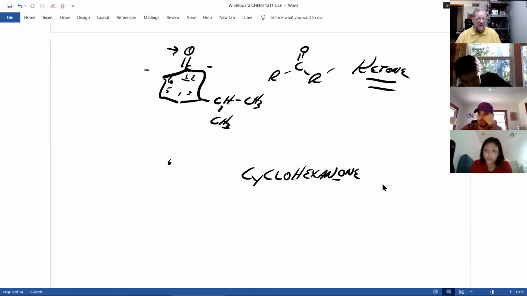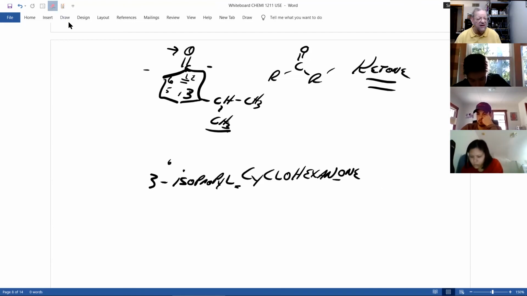Now, the carbonyl carbon of a ketone is 1. Everybody knows that, so you don't put a number there, unlike an alcohol too. And then on carbon 3 here, I have an isopropyl. So that would be 3-isopropyl cyclohexanone.